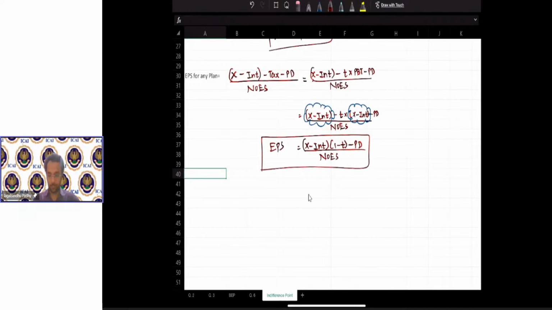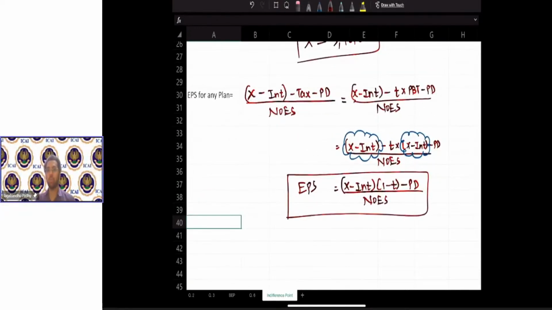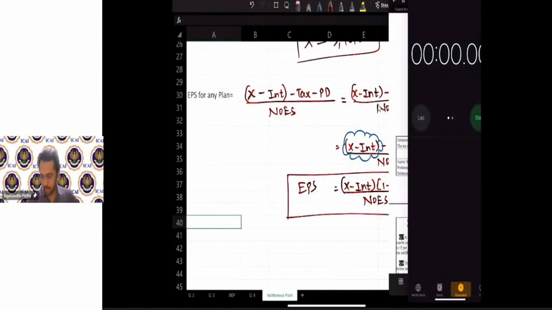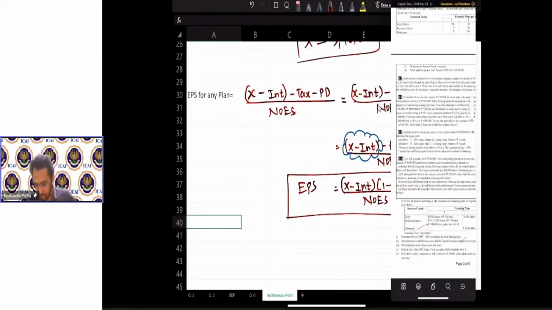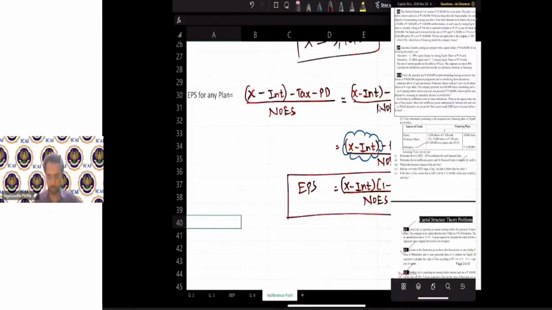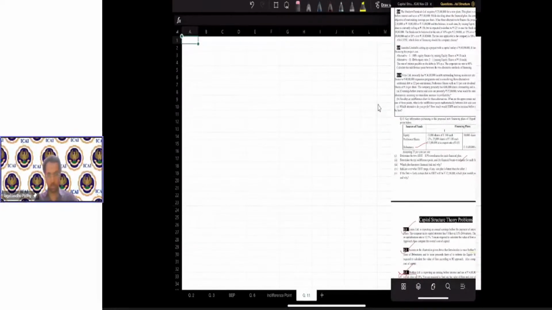Now, we have this EPS computation formula for us. Now, let's go for one of the questions, let's say question number 11. Let's read through it first, and then we can discuss it.